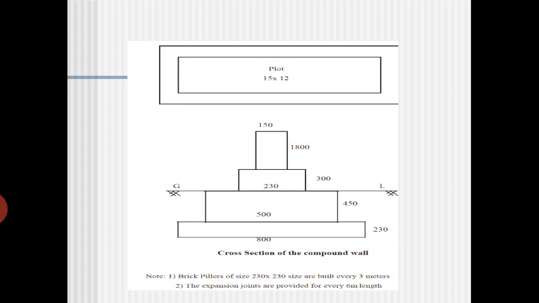And above ground level you can see there are two types of brick walls they are providing. It is 230, then above that we have the bricks of height 150, means two layers, initially increasing with 230 by 230 bricks, then above that they are providing with 150.